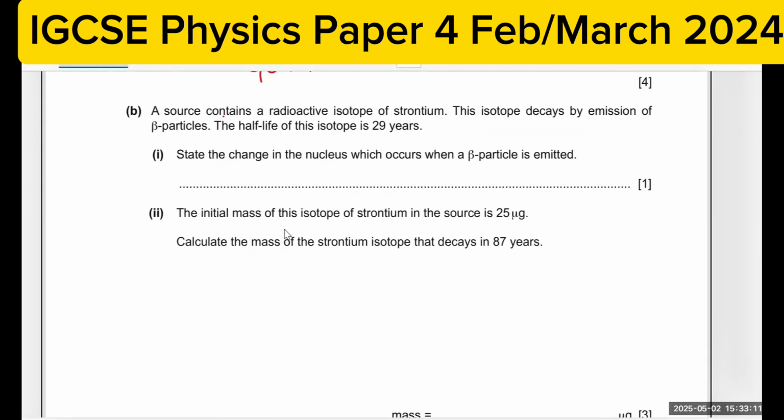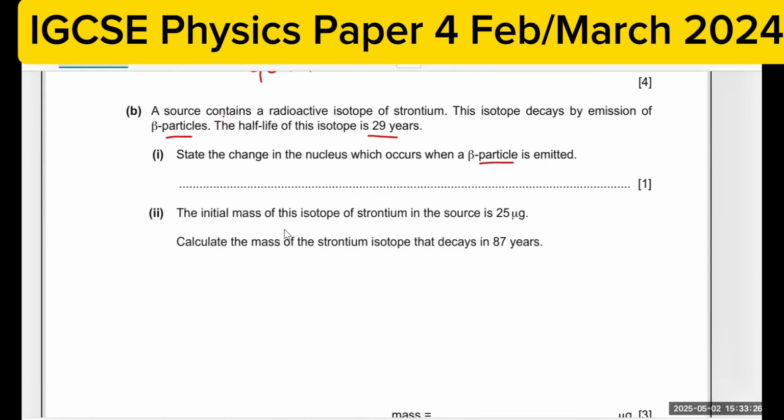Next question. A source contains a radioactive isotope of strontium. The isotope decays by emission of beta particles. The half-life is 29 years. State the change in the nucleus which occurs when a beta particle is emitted.